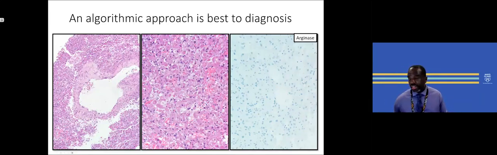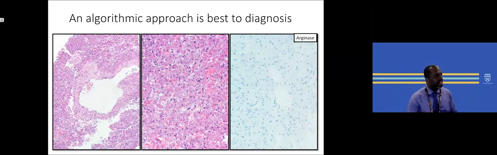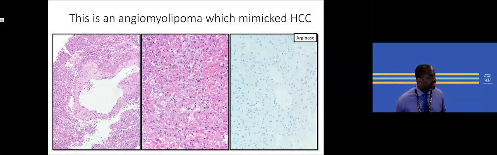And this case was completely arginase negative, which I think was an alarm bell, but not initially recognized by the submitting pathologist. This is an example of angiomyolipoma or PEComa. It was positive for both melanocytic and smooth muscle markers. The key here is this algorithmic approach. I think confirming hepatocellular differentiation is really key, either by bile production or arginase or another hepatocellular marker.